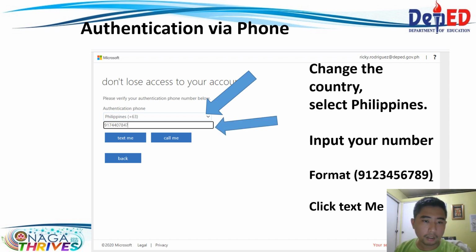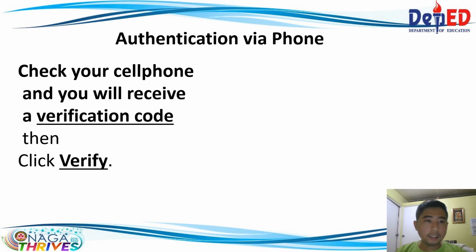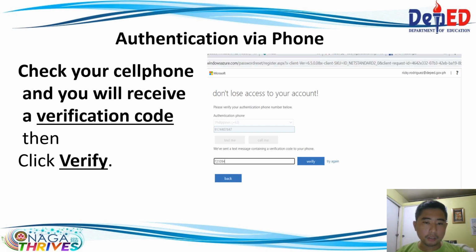And then you need to enter your phone number, and then click text me. Okay, so you need to check your smartphone, and you will receive a verification code. The verification code should be entered in this text box, and then you need to click verify.